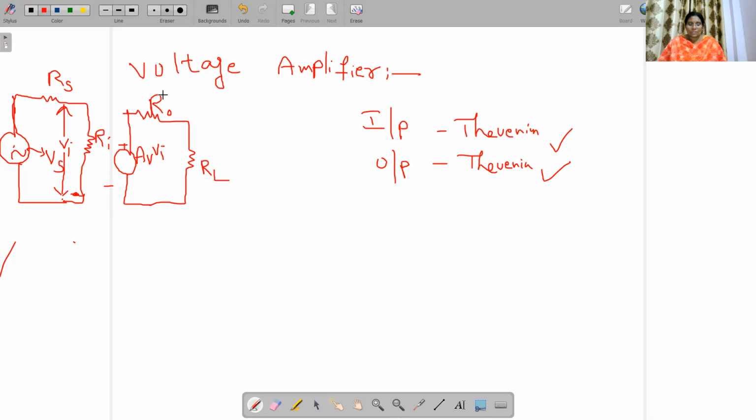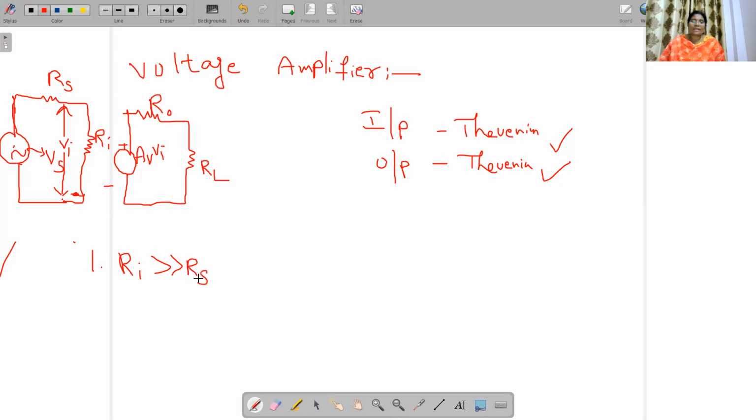Here we have to see two conditions. Note down the two conditions. The first condition: Ri, the input resistance, is far greater than Rs.